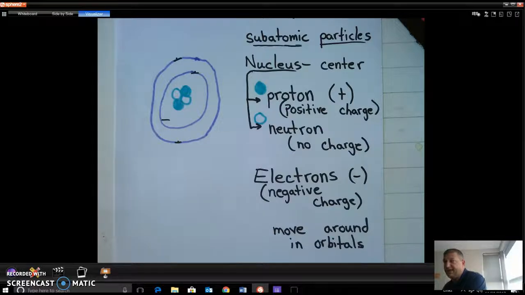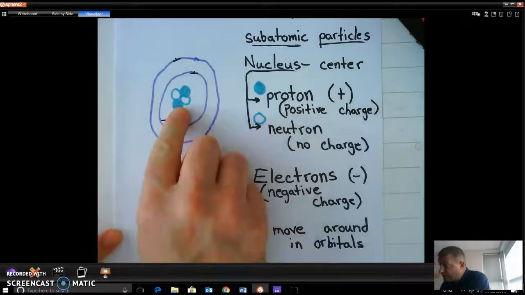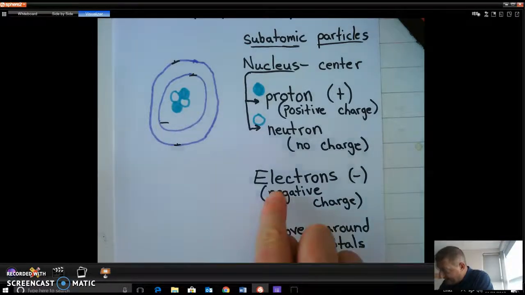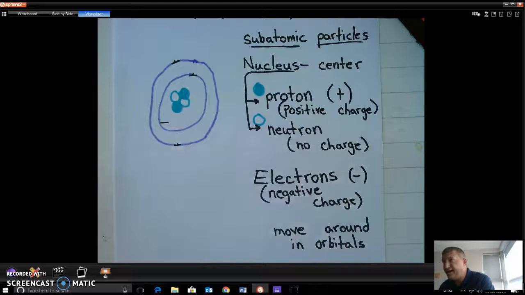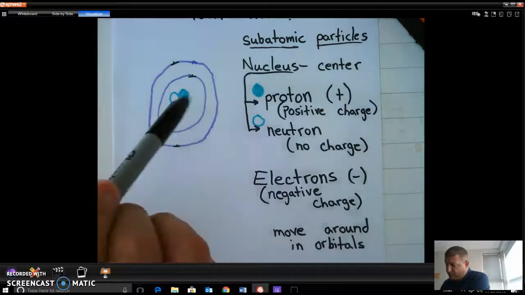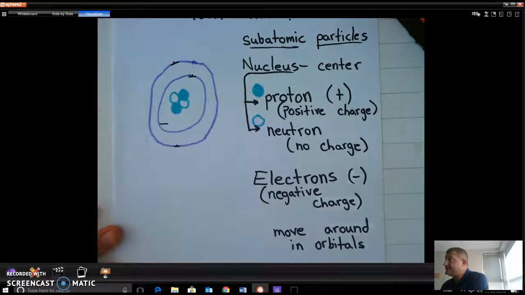The nucleus has mass. It has 1 amu. The electrons do not carry very much mass, so insignificant that people ignore the weight of it. So when we talk about the element of this atom, we are basically looking at the nucleus. That's the most important part, and that's pretty important to know.